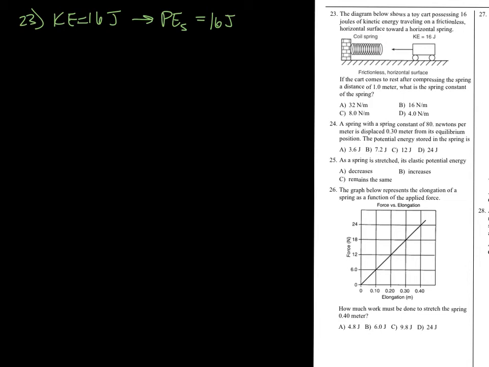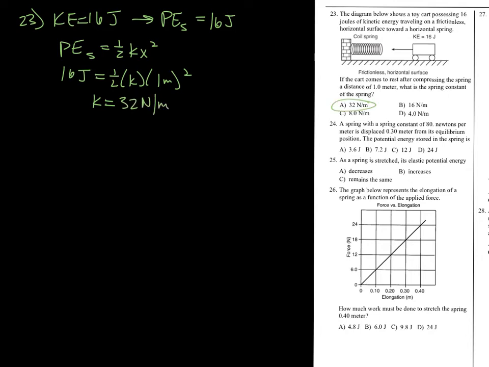Now we could figure out what the spring constant K is. And how much it compressed was 1 meter. Now we can figure out that K is equal to 32 newtons per meter. Choice A.